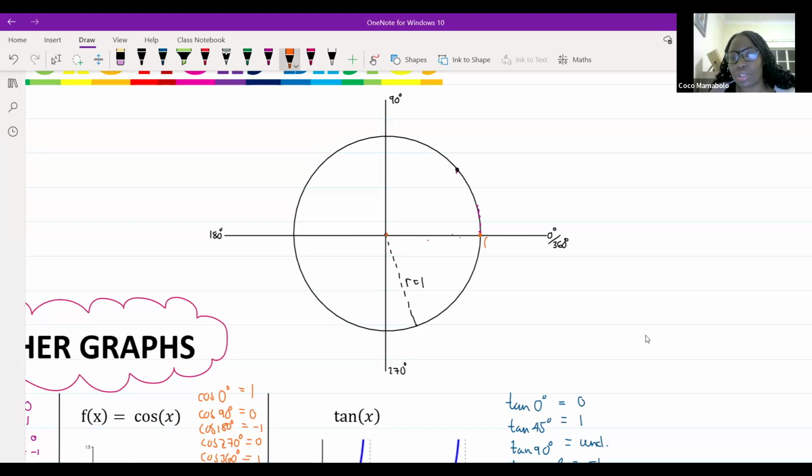It's a radius. So my x value over here is going to be 1. Because it's an x-intercept, what is my y value going to be? Good. It's going to be 0, right?